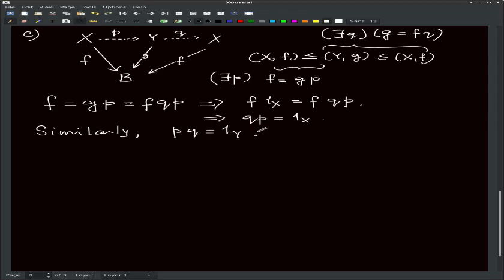So you see that if this happens, so then it tells us xf less than yg less than xf. This implies that there exists a bijection.